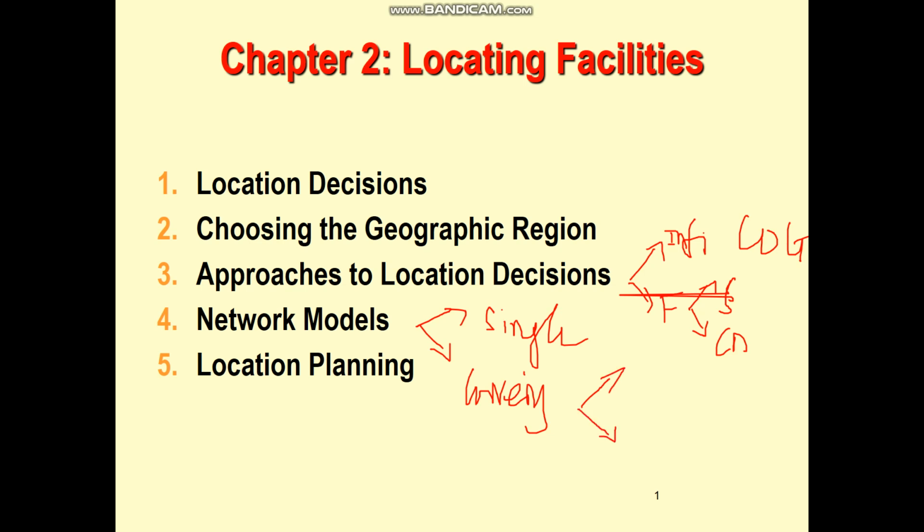The first one is we find a single location, and the second one is we determine how many facilities they have to open so that they can satisfy their customer service. And the last part is how we do location planning. Okay.